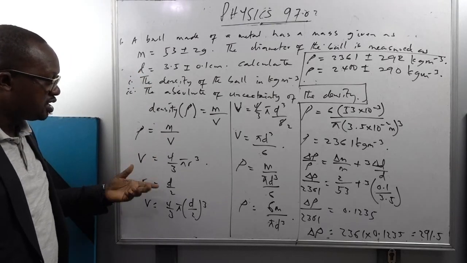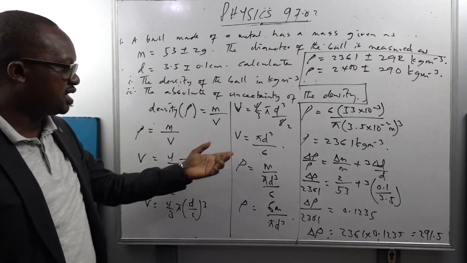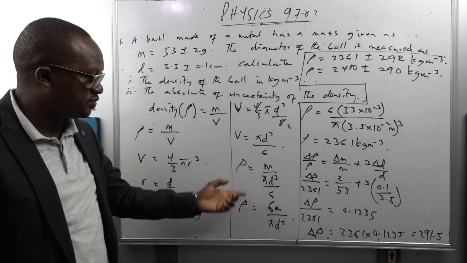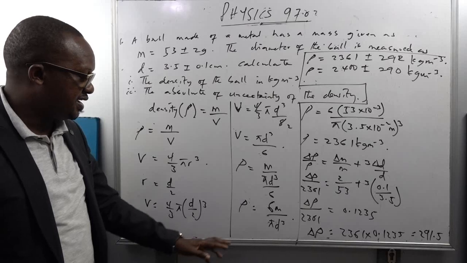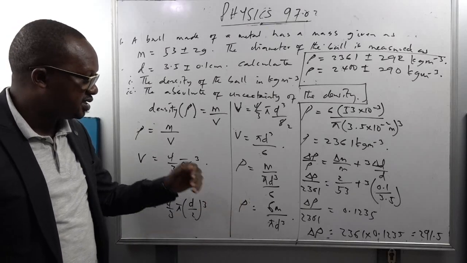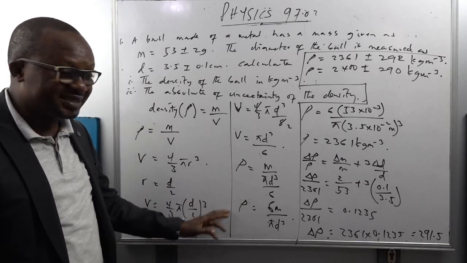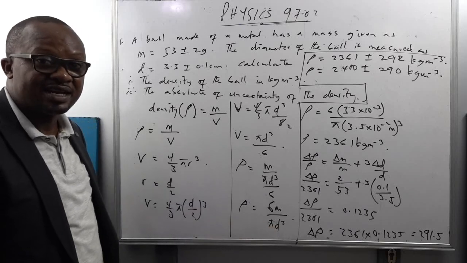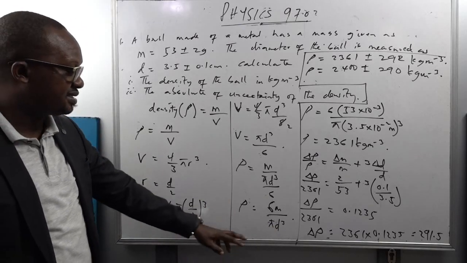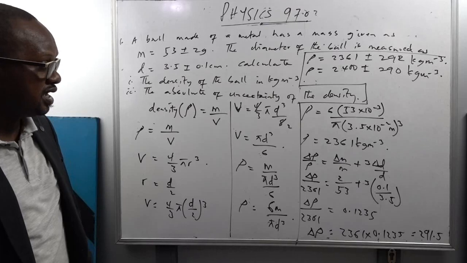As you can see here, we just express volume in terms of what? Of diameter. Then density, so that we can now express density in terms of diameter rather than expressing density in terms of volume. That is number one.